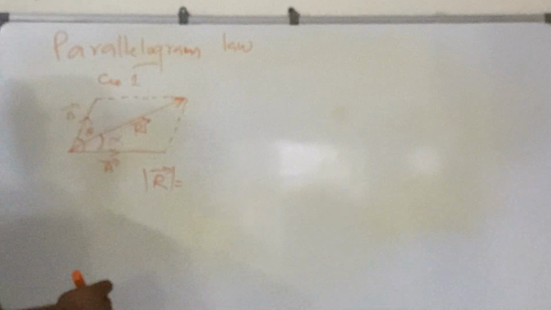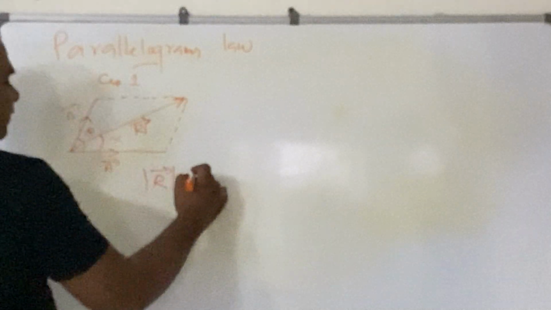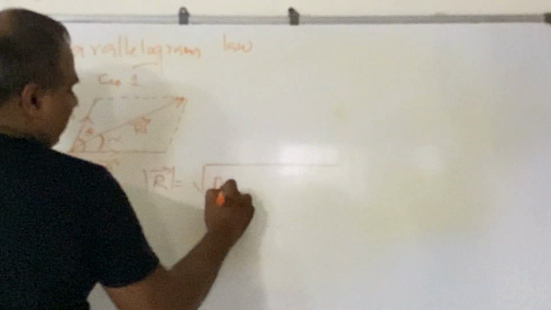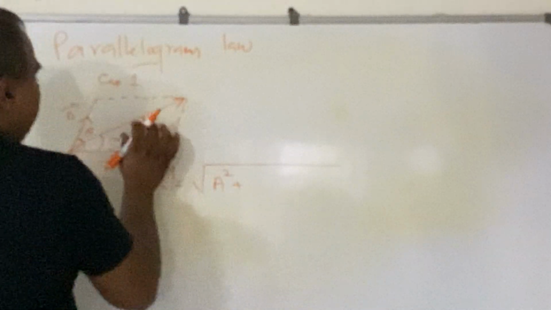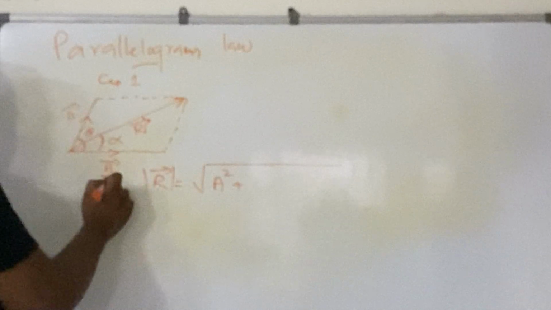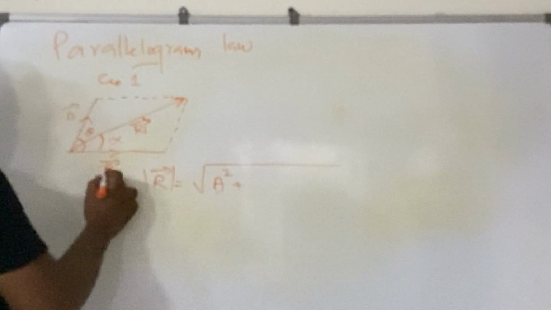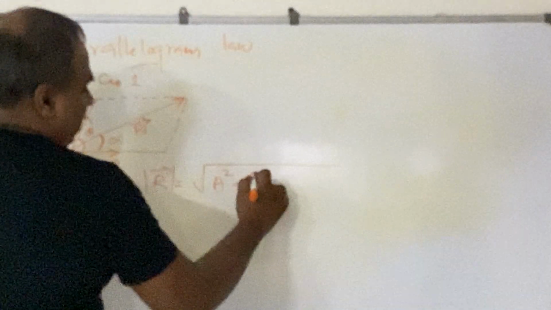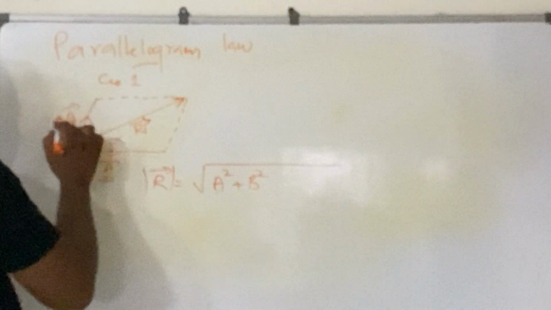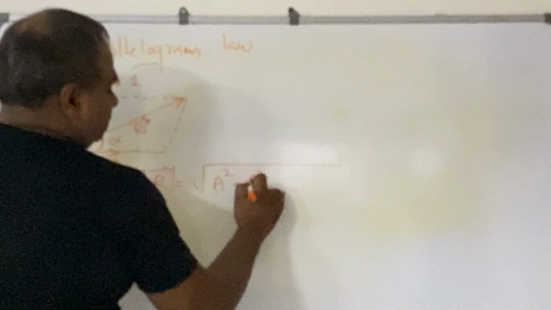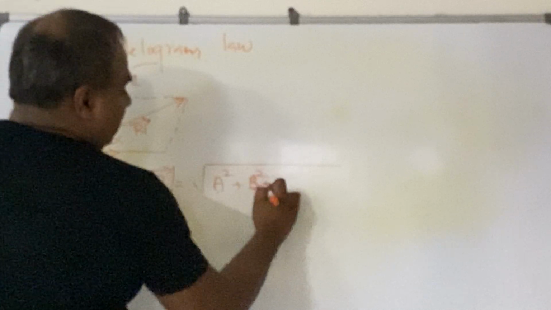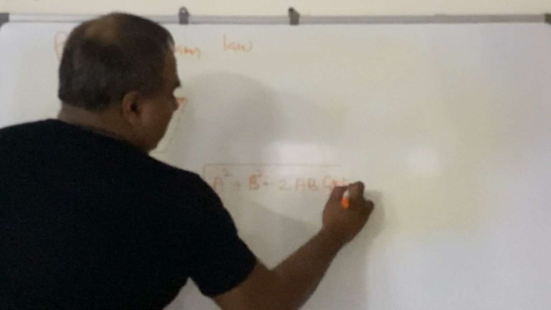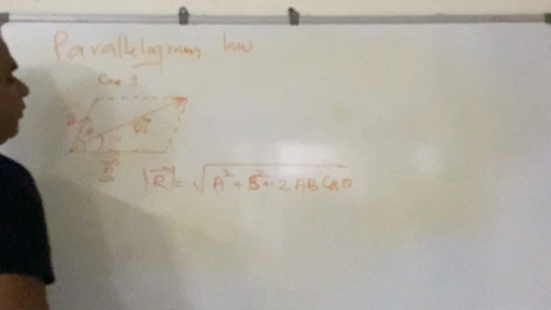Modulus is magnitude. Resultant vector sum is equal to root of A square plus B square plus 2AB cos theta, where A is the magnitude of vector A and B is the magnitude of vector B.